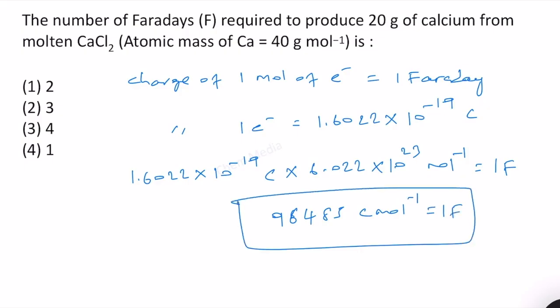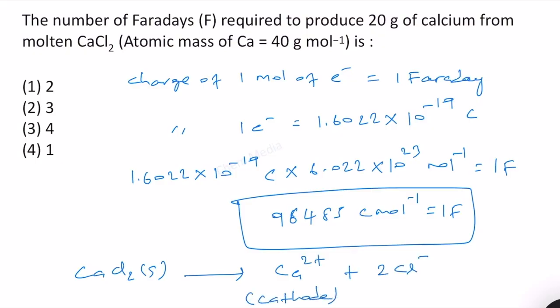What is the reaction given here? Molten calcium chloride undergoes electrolysis and we get calcium 2 plus and Cl minus. Calcium 2 plus we will get at the cathode and Cl minus we will get at the anode. Reduction happens at the cathode, anodic oxidation, cathodic reduction.